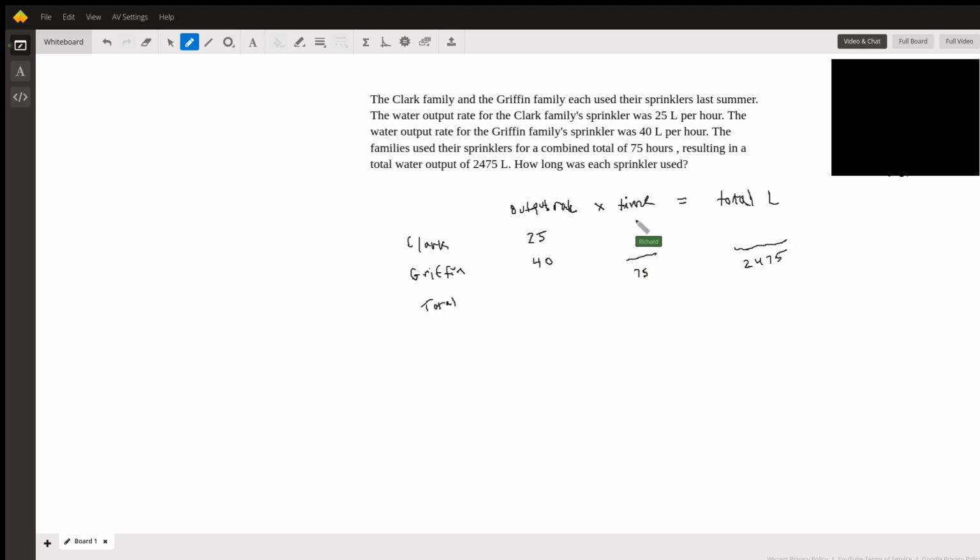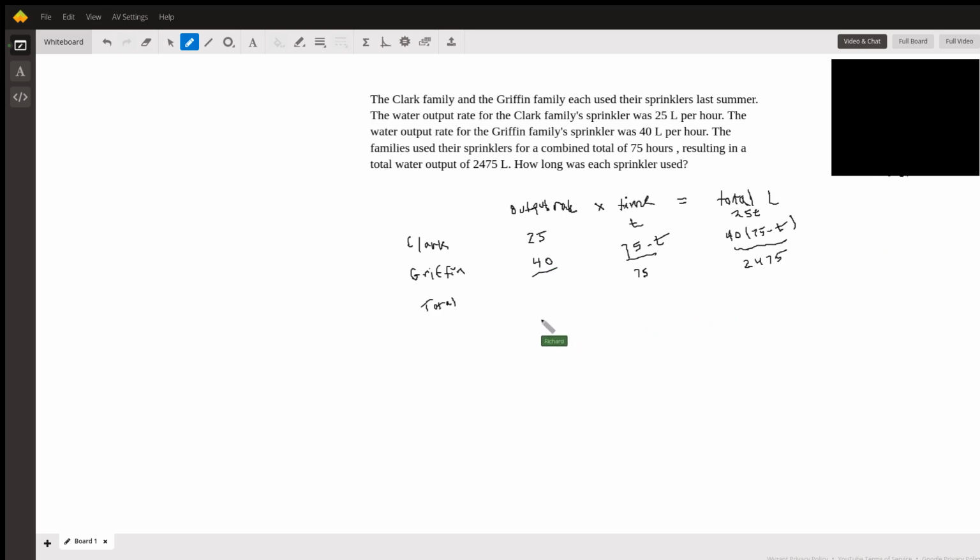Okay, so we can just put here T, and this could be 75 minus T. So the total liters here would be 25T, and then the total here would be 40 times 75 minus T. Right, because this times this equals that. You can't really add these rates together to get anything, so we leave this blank.